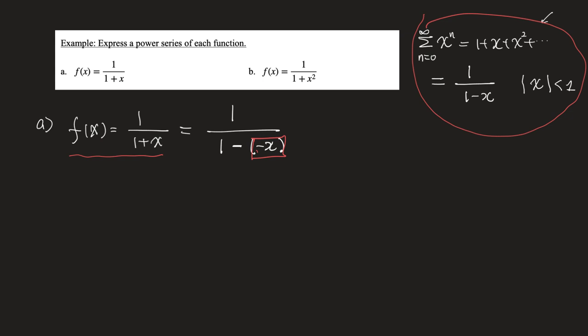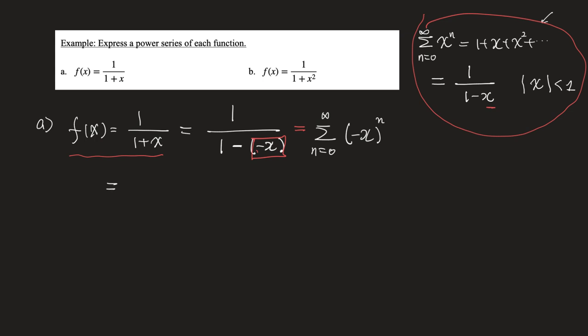So f of x is 1 over 1 plus x. I change it a little bit algebraically to 1 over 1 minus negative x. Here x is replaced with negative x, so we have the power series summation n equals 0 to infinity of (negative x) to the nth power.